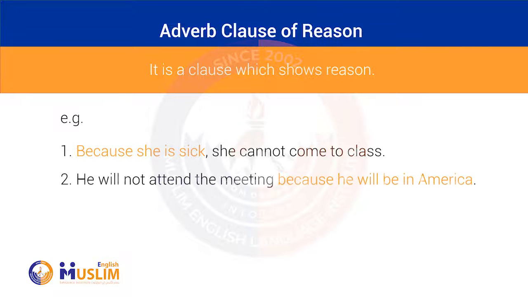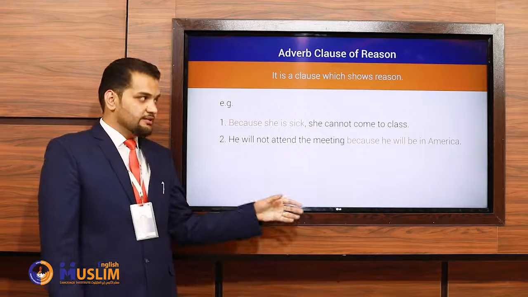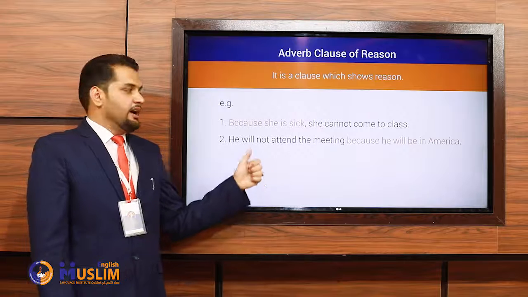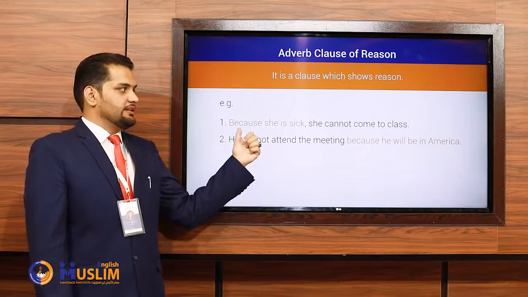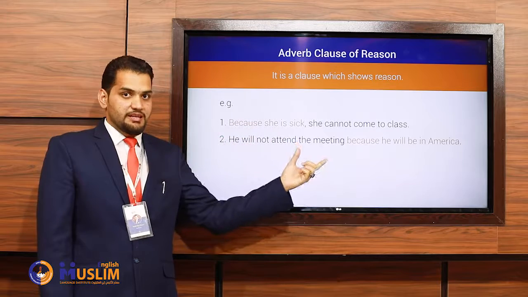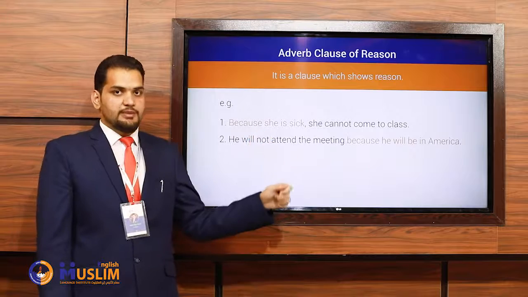Number 2. He will not attend the meeting because he will be in America. So, why will he not attend the meeting? Because he will be in America. If you remember, I told you in the last lecture that an adverb clause can be used before the main clause or after the main clause. In the first sentence, the adverb clause is used before the main clause.